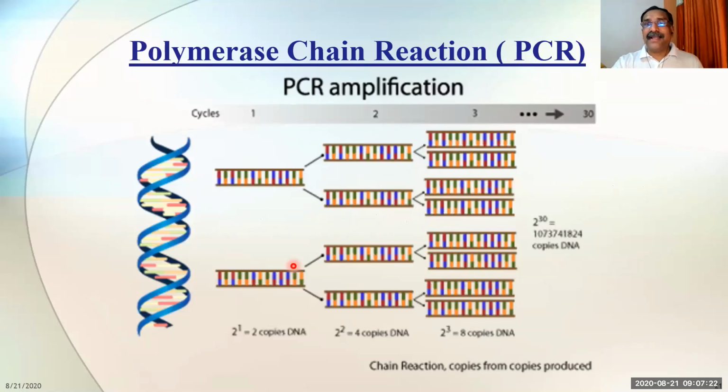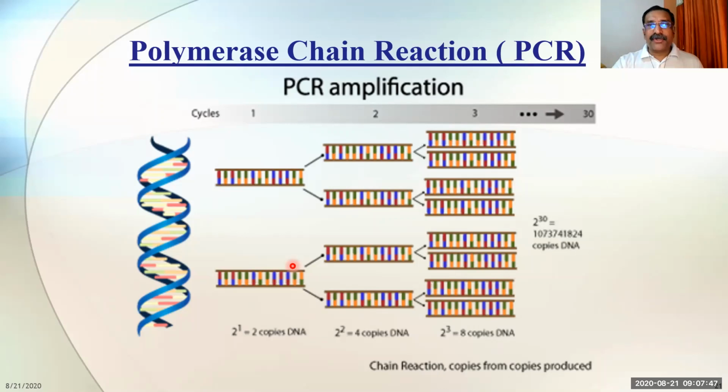That means certain cycles are there. In each cycle, the previous number of DNA will be doubled. So like that, in a polymerase chain reaction, we have seen some 30 to 35 cycles will be there. And so at the end of the 35th cycle, the number of copies will be in lakhs.